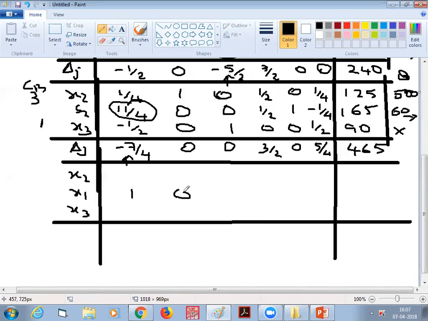Now, 1 by 2 divided by 11 by 4 is 2 by 11. 1 divided by 11 by 4 is 4 by 11. And minus 1 by 4 divided by 11 by 4 is minus 1 by 11. 165 divided by 11 by 4 is 60.